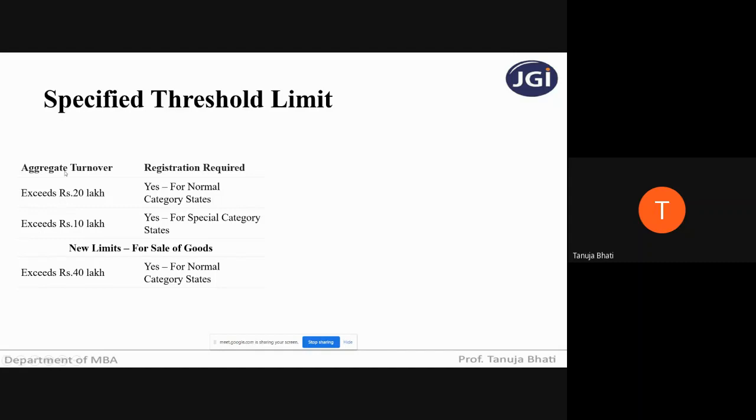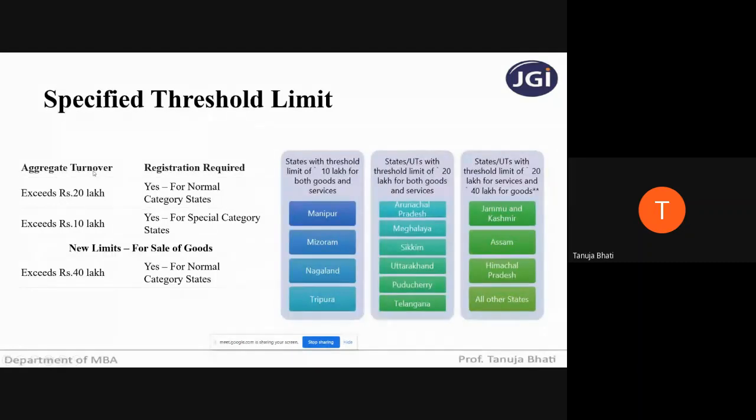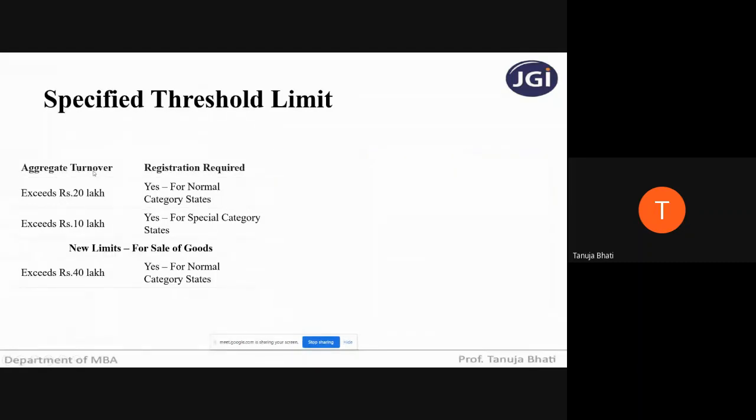So just remember, if the aggregate turnover of a particular service provider exceeds 20 lakhs, and exceeds 10 lakhs in special category states, what are special category states? Manipur, Mizoram, Nagaland, Tripura. If it exceeds, then registration is mandatory. This is in case of services.